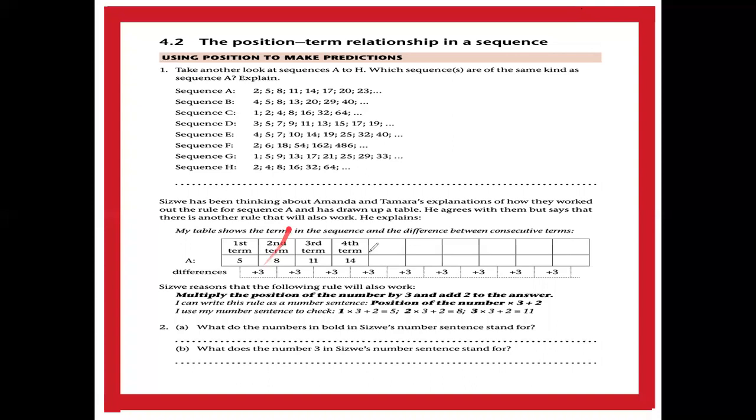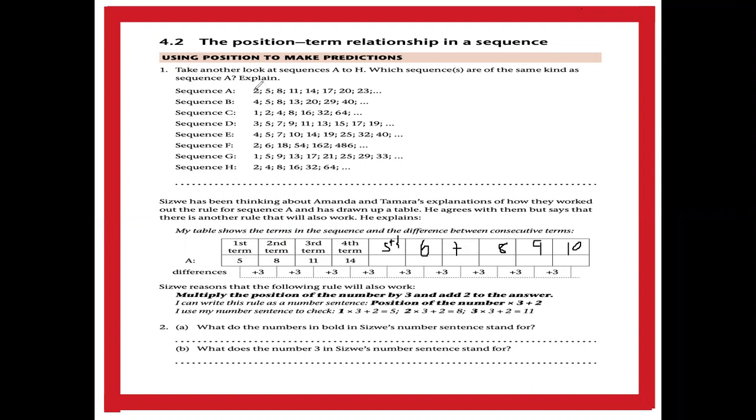So, okay, then this will be the fifth term. This will be the sixth term. Seventh, eighth, ninth, and 10th. Okay, so we're looking at the terms. So remember, we're looking at sequence A over here.